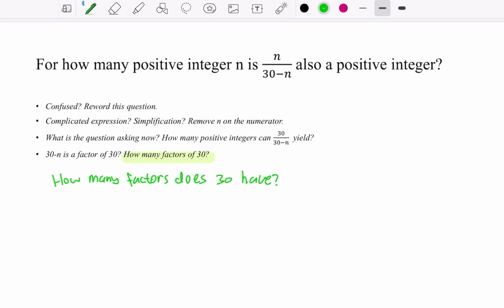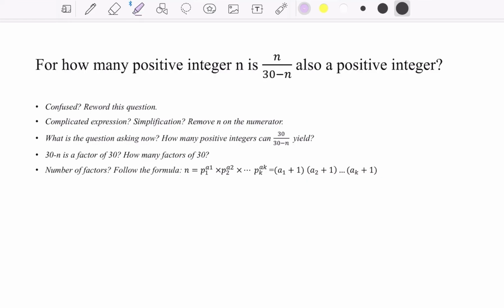Well, think about it. If you would just simply list them out, then it would be okay for this question. But in other questions, if the question gives you a really, really big number, then you would take a long, long time, and that would not be good if you're in a competition with a limited amount of time. So if you ask me, I would use the formula that I've shown in the last video, which, if you can recall, is finding the number of divisors of a composite number, which exactly suits this question because 30 is a composite number.